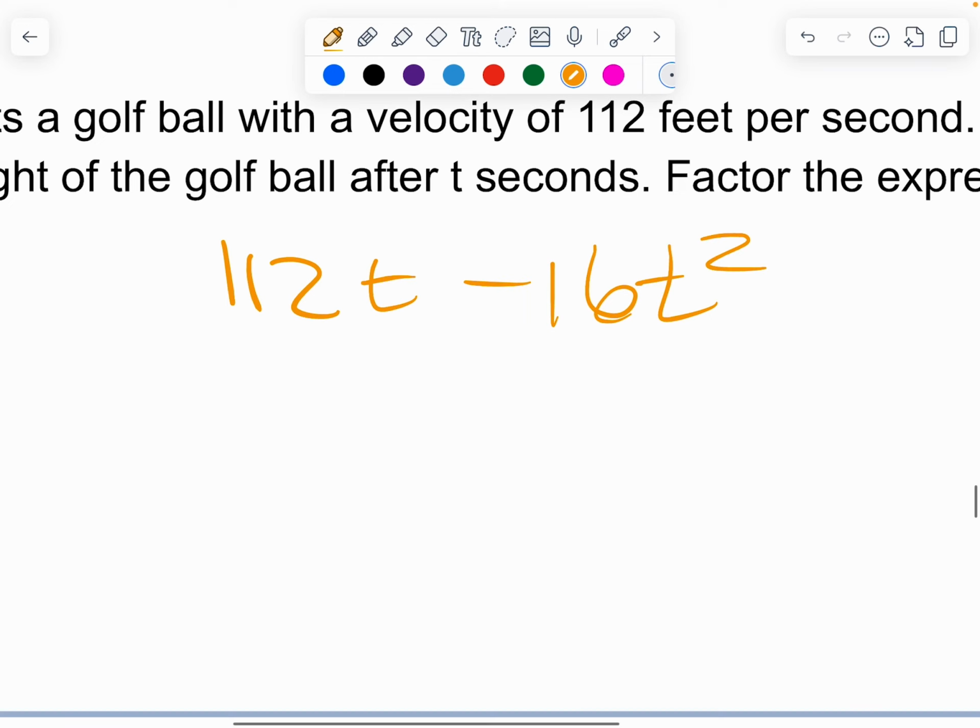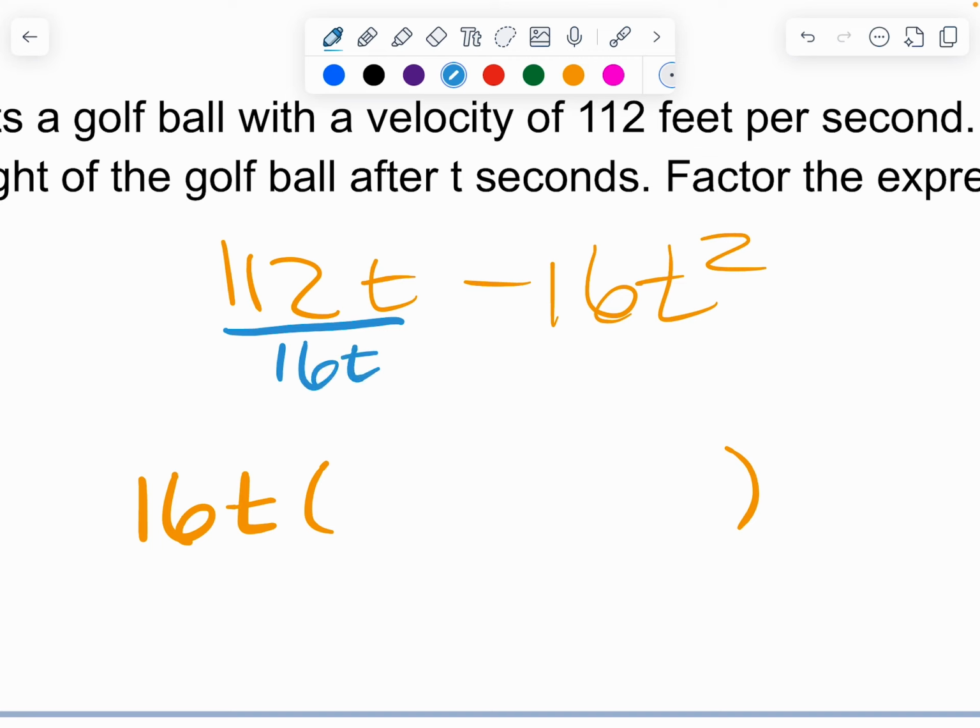Oh, it does. It goes in evenly. They both have a t, so I'm going to divide this by 16t, and I would get 7. Divide this by 16t, and I would just get t. And there you have it.